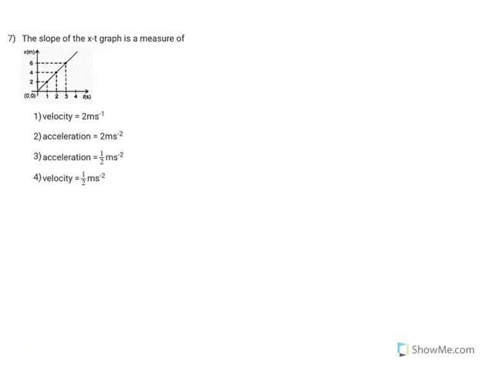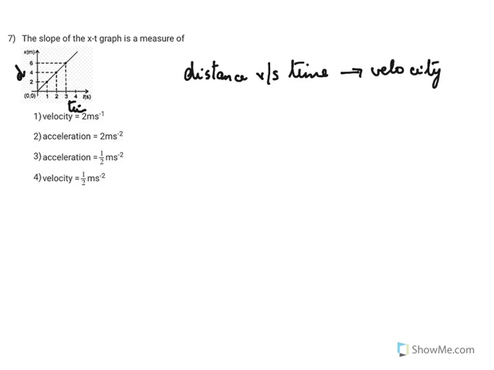Here we have the velocity, the slope of the x-t graph. Now this is distance versus time. The slope of the distance versus time graph will always give us velocity. So to find velocity, we must first know the displacement.